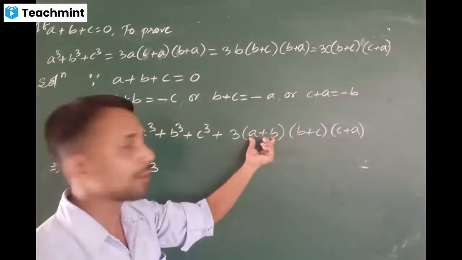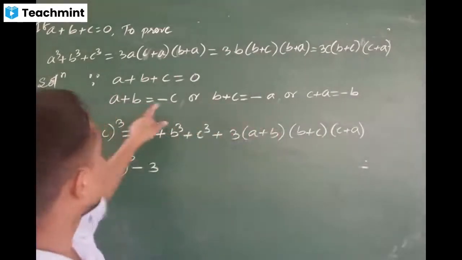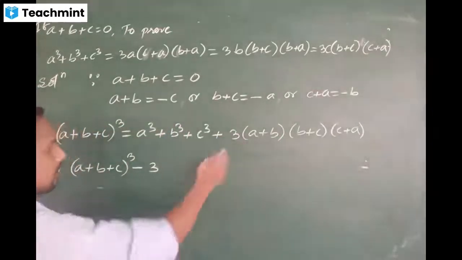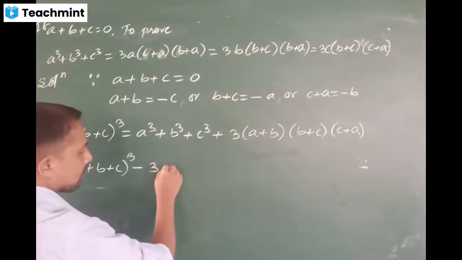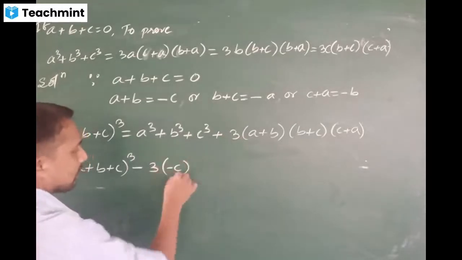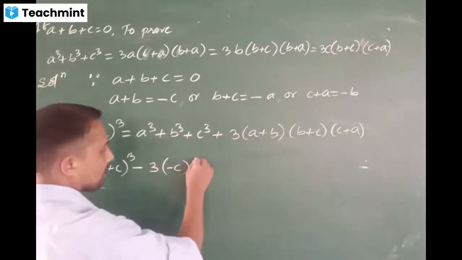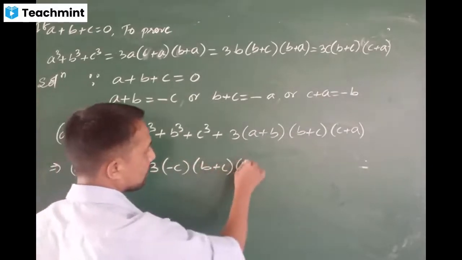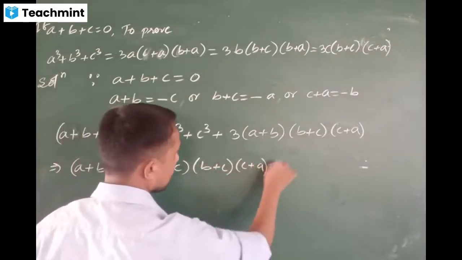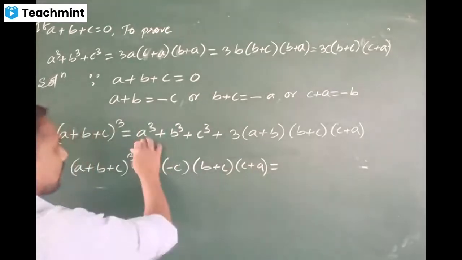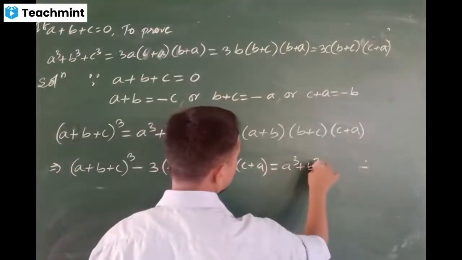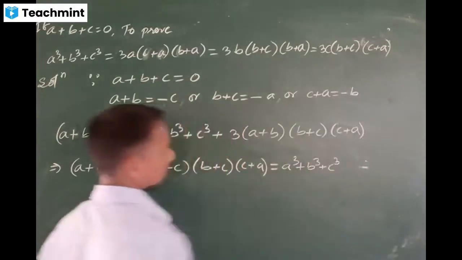A plus B, if we change, A plus B is equal minus C. So this is equal minus C into B plus C into C plus A equal A cube plus B cube plus C cube.